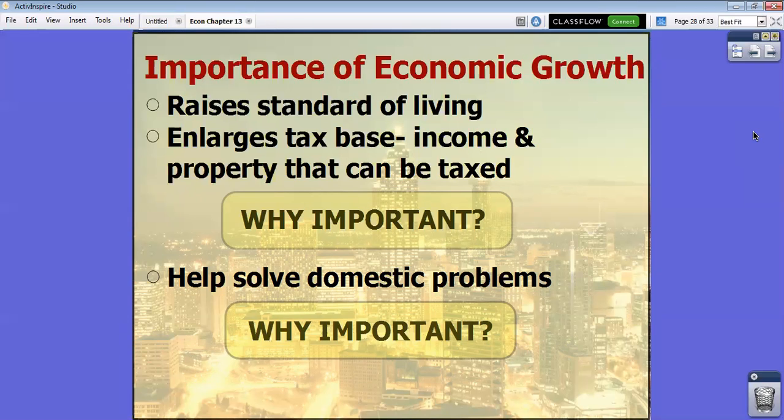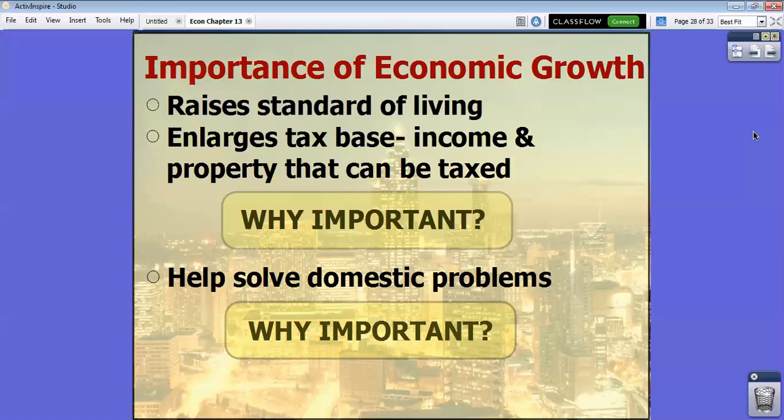The government's money that they spend in our economy is money that's collected through taxes. So if more people have jobs, then the government has more people to collect tax money from, and then they have more money to spend in programs that are important to citizens, whether it's education or healthcare or welfare. It enlarges the tax base.